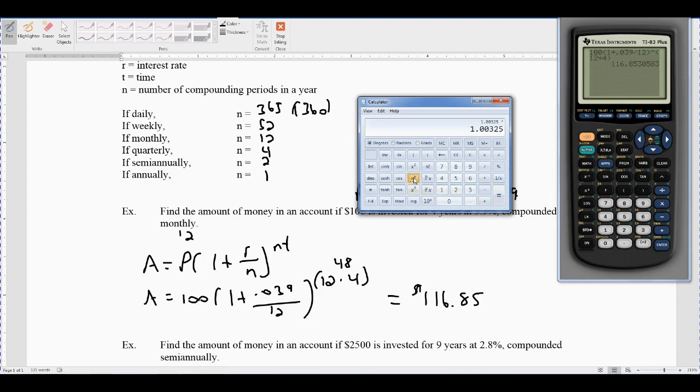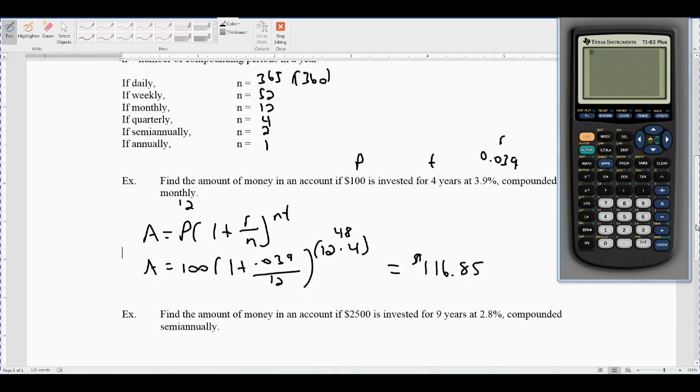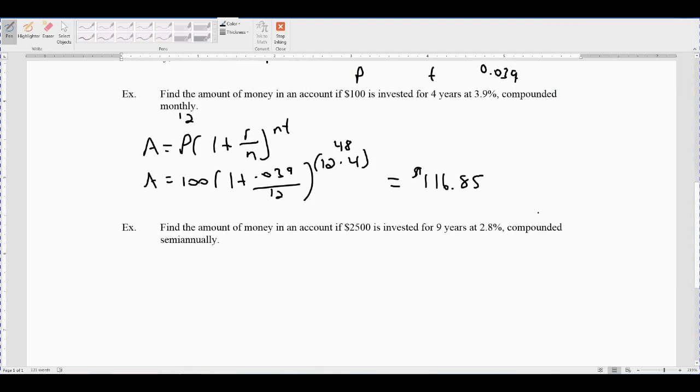Then use the exponent key and raise that to 48, because exponents come after parentheses. And then times that by 100. That multiplication is the last thing you do in this problem. Same thing. So rewind this video if you need to. Back it up. I'll do it again with the next couple of problems.